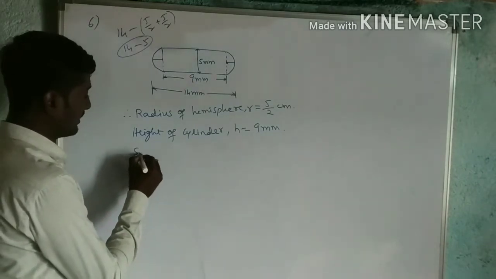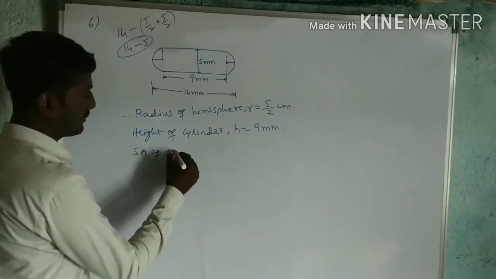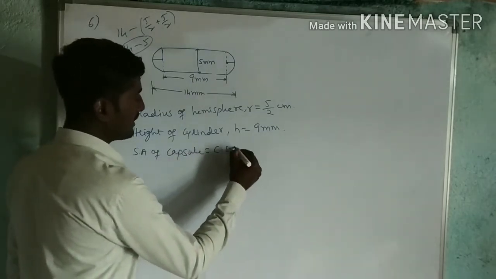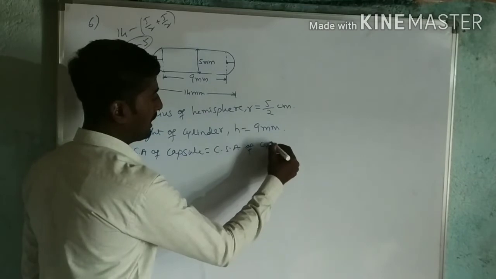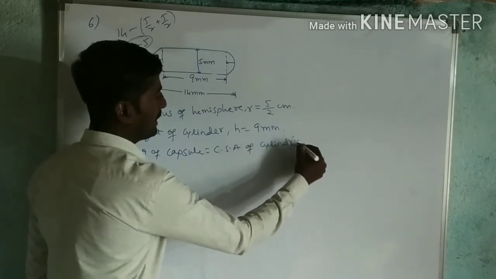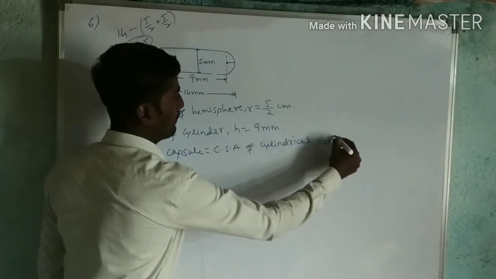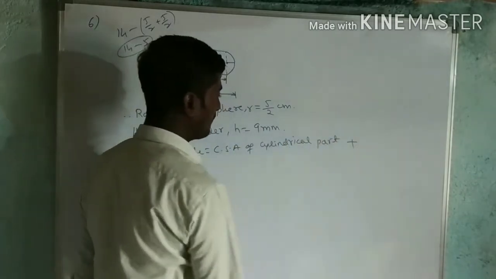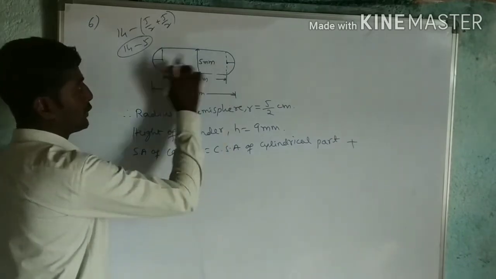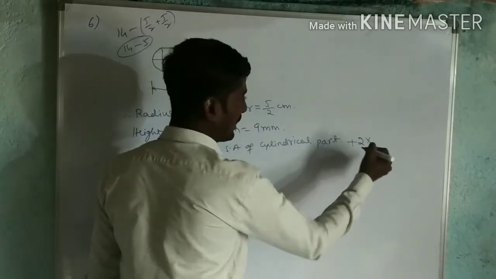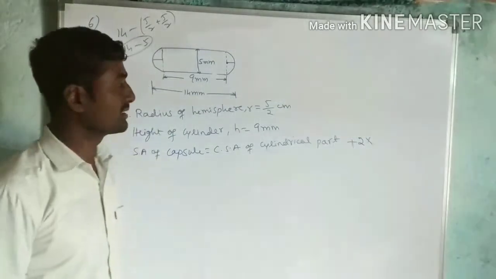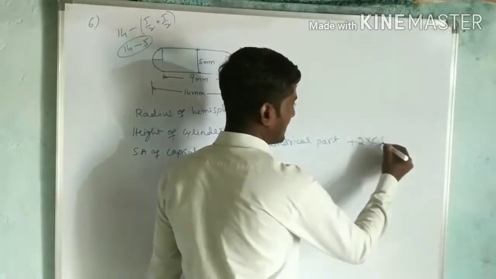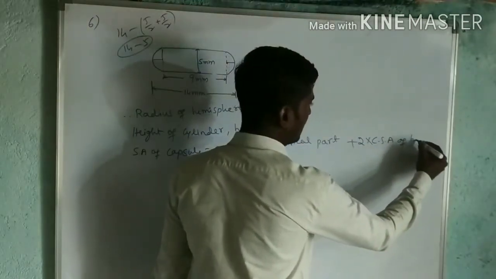The surface area of the medicine capsule is equal to the CSA of the cylindrical part plus 2 into the curved surface area of the hemisphere, because there are two hemispheres of the same radius. 2 into CSA of hemisphere.